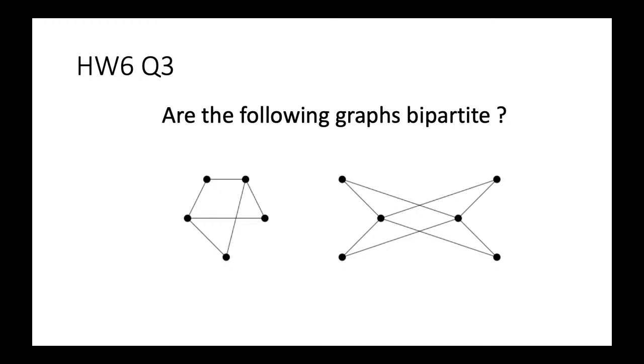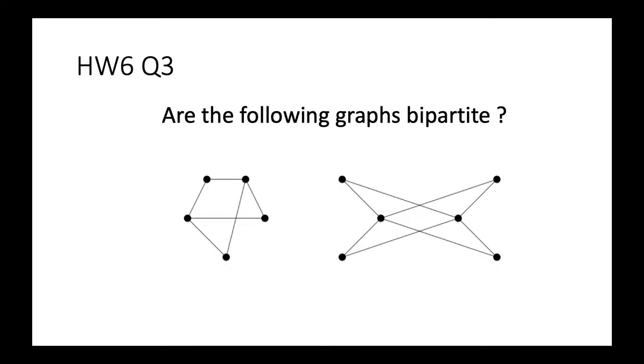And if we want to show that it is not bipartite, then we can also do something similar. We try to color the vertices into 2 colors, but then we find a contradiction. Or we can find a certain cycle that has exactly an odd number of edges. This is also another way of showing a graph is not bipartite.